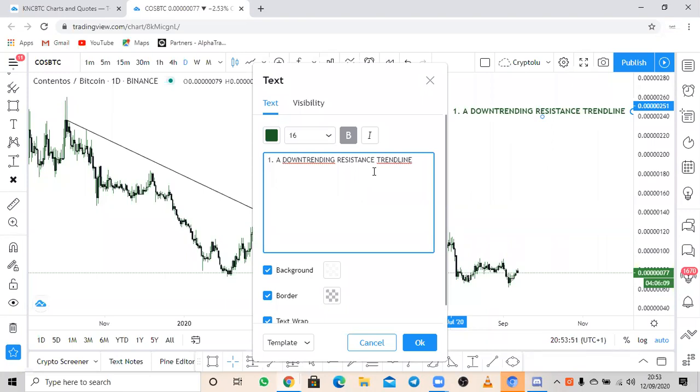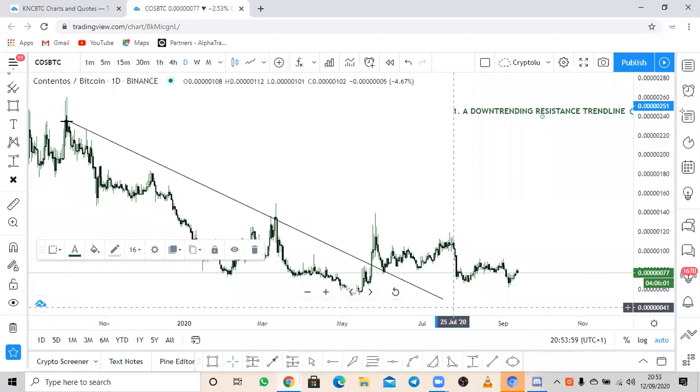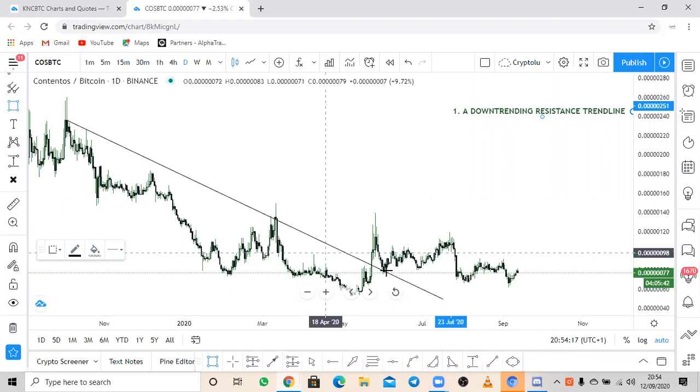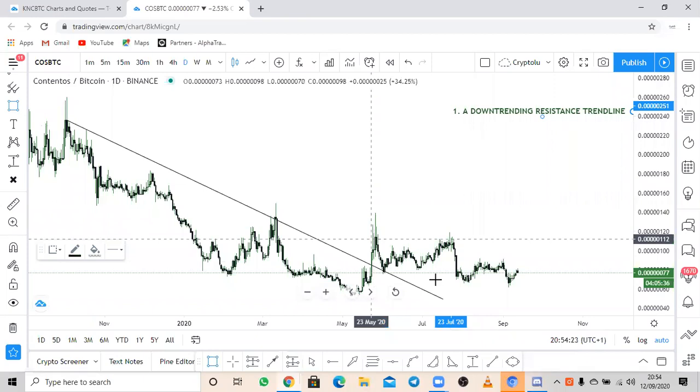So now, we have our downtrending resistance trend line. If you've been following me since morning, you see that I said that a breakout from a downtrending resistance line with a retest followed by consolidation is actually a bullish signal. So we had the breakout, we had the retest, and now we are consolidating around this level.